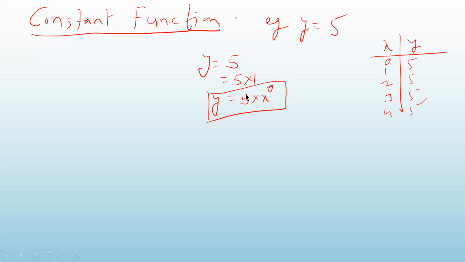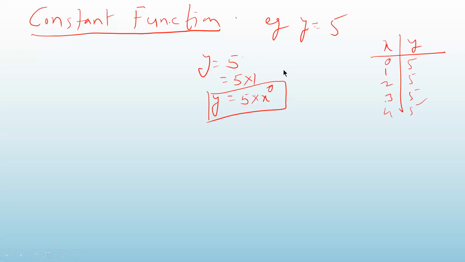So this type of function is called a constant function. How to remember which is a constant function? Constant function means any function which is independent of x. There is no x in that. For example, y equal to 5, y equal to 7, any number. That number could be a fraction, negative, or decimal, anything. So this is the constant function.